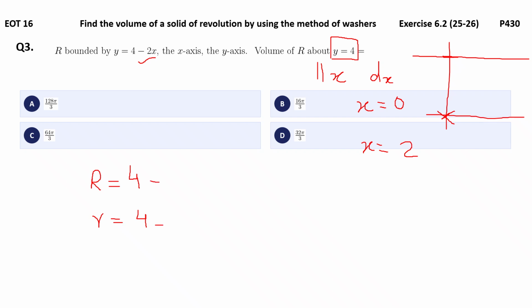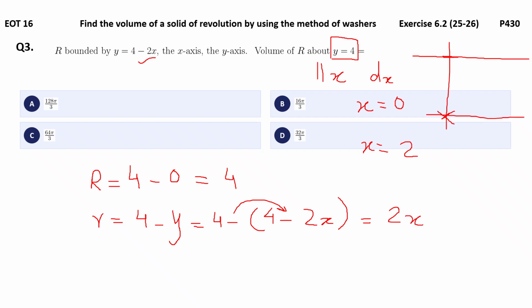Outer radius means the full radius until the axis, so 4 minus 0. And your inner radius is up to the function y. So the outer radius you will get as 4, and the inner radius you need to simplify with the function. What is y? 4 minus 2x. Don't forget to use the bracket. 4 minus 4 will become 0. Negative and negative will become positive. So you get your inner radius as 2x.